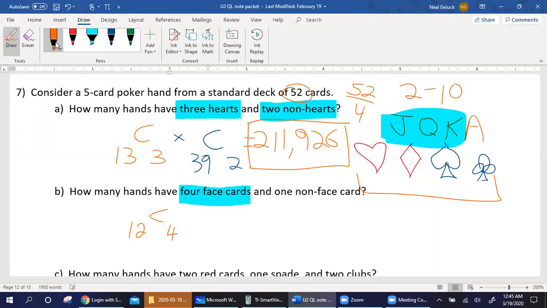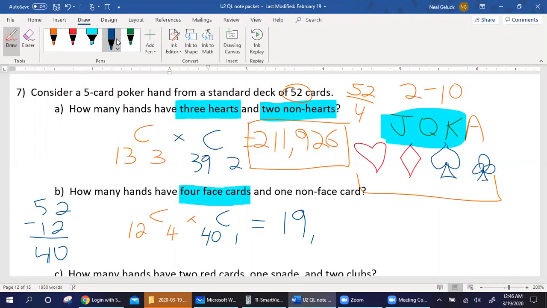I'm picking 4 of them. And then I'm going to multiply that by 1 non-face card. If there are 12 cards that have faces, 52 minus 12 is 40. There are 40 cards that do not have faces. I'm picking 1 of them. Again, you do each combination separately in your calculator, multiply them together, and you get 19,800 possibilities.